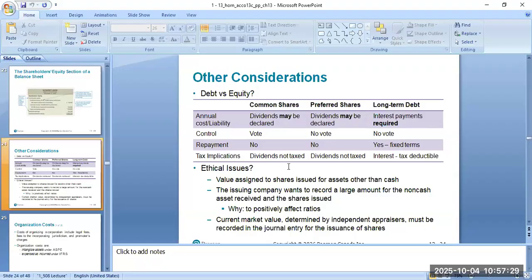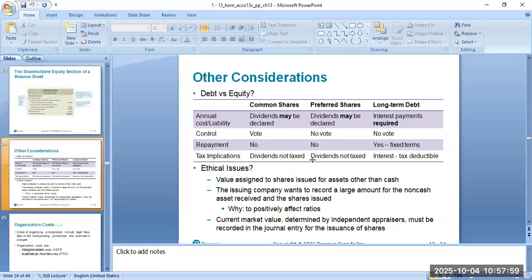The ethical issue here is the value of the shares. An issuing company may want to record a large amount of non-cash assets received. This inflates the equity while having less cash or fewer assets. For example, when I open the company, I don't have cash, so I invest my laptop, but I assign $100,000 to my laptop.